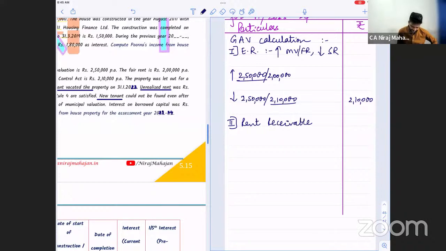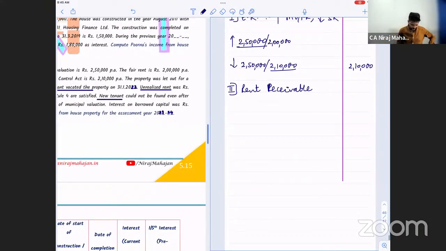See, it was let out for the entire year. Now, when I say let out for the entire year, it means you did not go and occupy the property. So for 12 months, either you are looking for the tenant or there is a tenant. So in that first case, we read about annual rent.